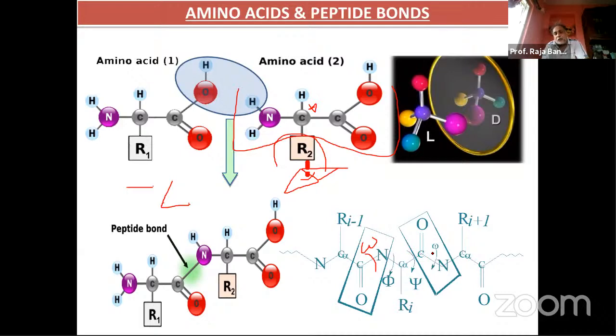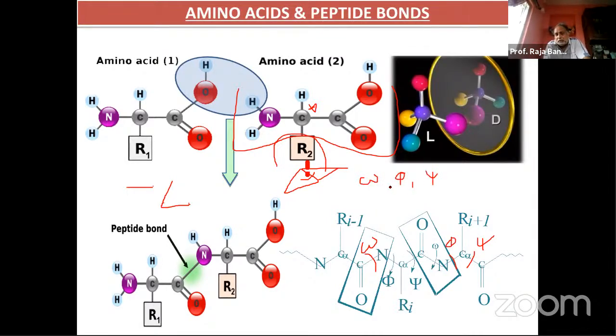Again, if we proceed, it will be omega, again phi, and then psi. So a peptide, which is a linear combination of amino acids, can represent the whole peptide main chain by the three dihedral angles, that is omega, phi and psi.